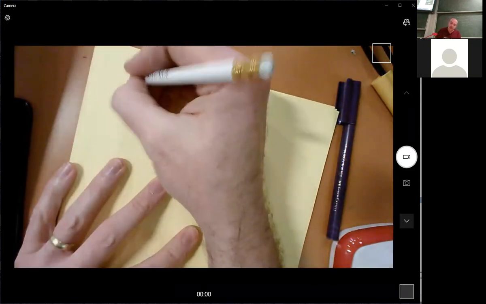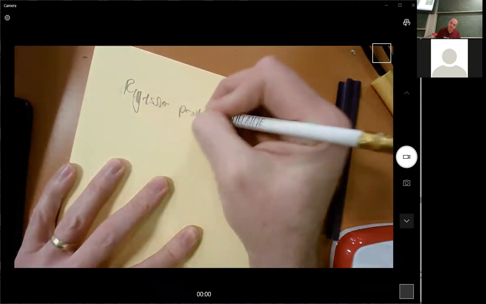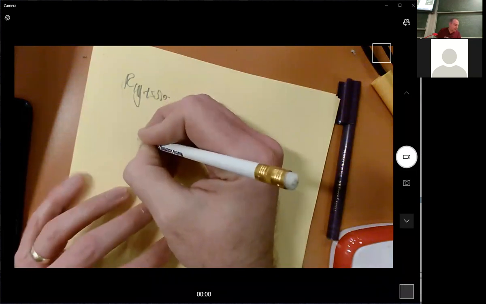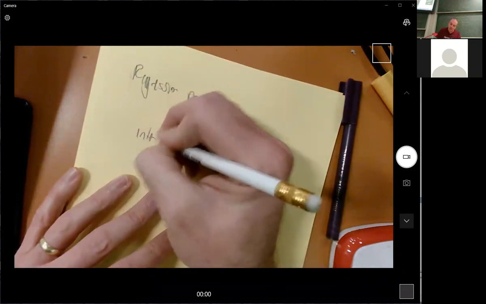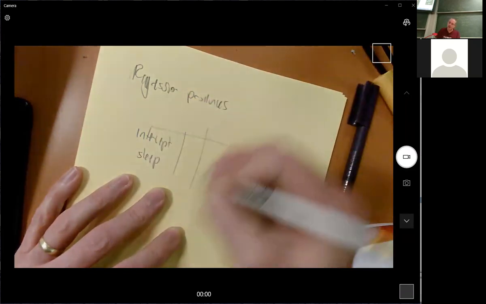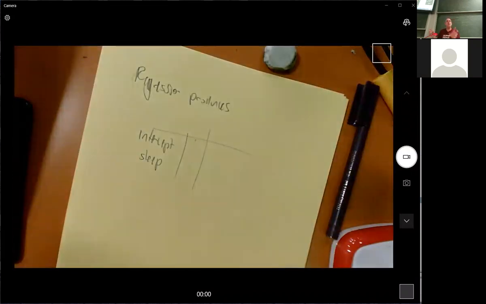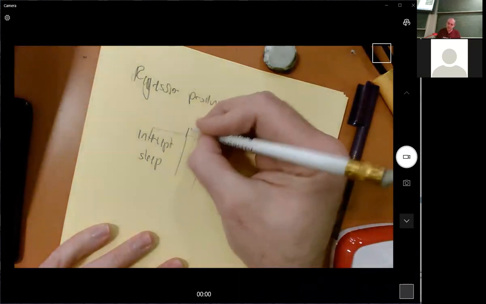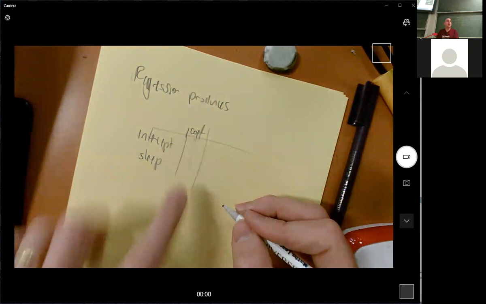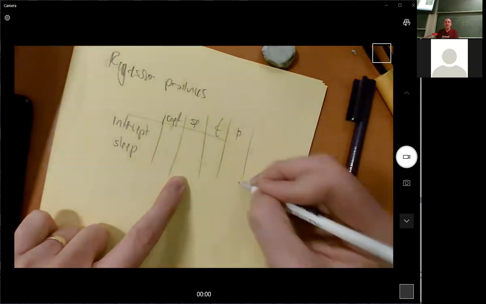And you have to say something. Suppose you got in your regression, it would have an intercept and then sleep. And there'd be numbers in these spots. It's a table that MATLAB produces. And there'd be a standard error, and there'd be a t statistic, and there'd be a p-value, and so on.